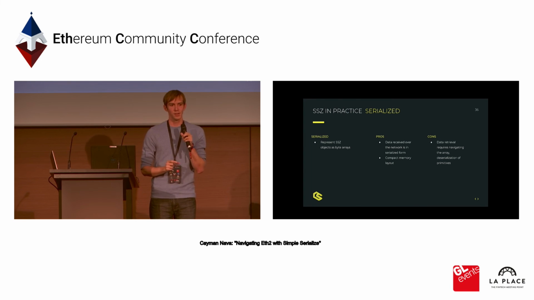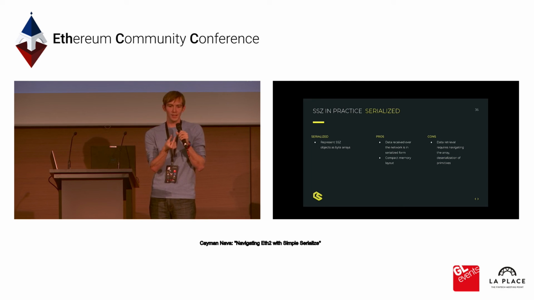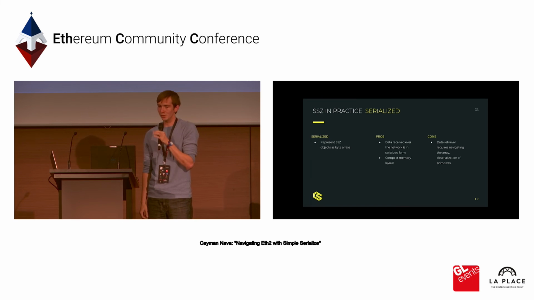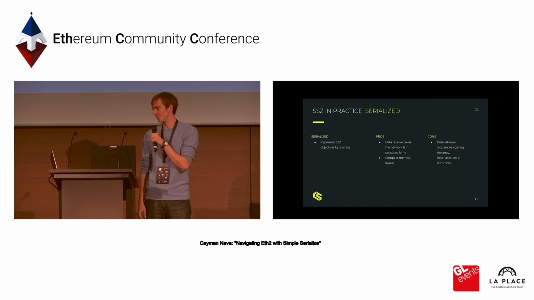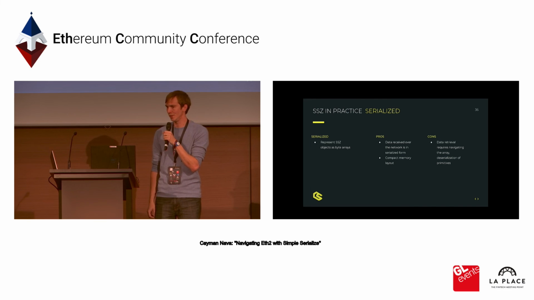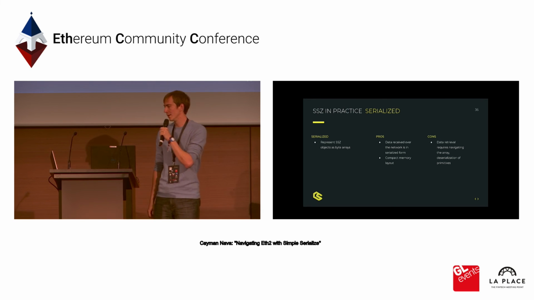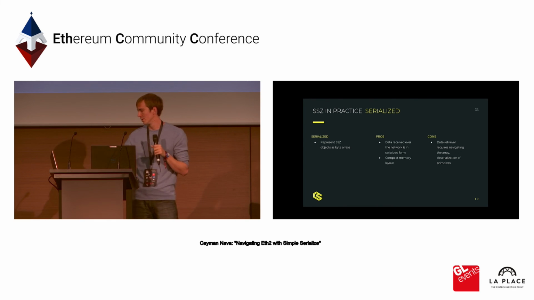You wouldn't need to first deserialize it and turn it into a tree. You would just deserialize the tiny piece you need to check. And it's really compact. You don't need this whole linked data structure that takes up a lot more memory. The cons are that you have to navigate this byte array. Again, it's not as convenient, and you have to deserialize any primitives that you're dealing with.